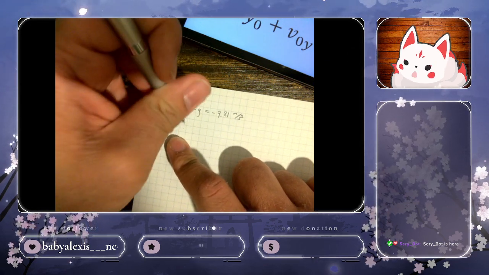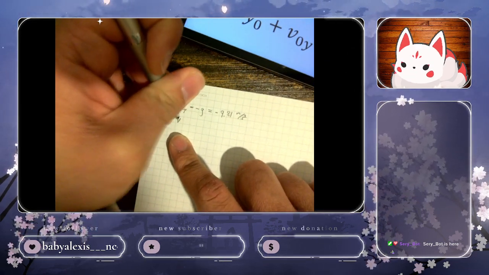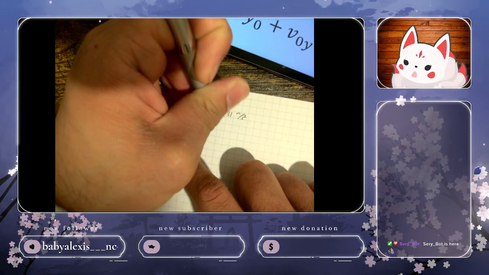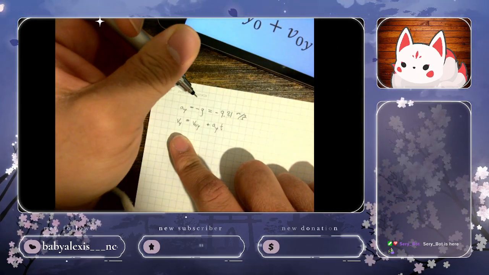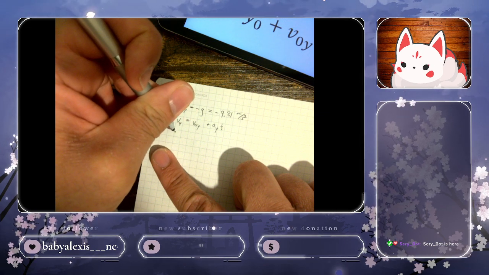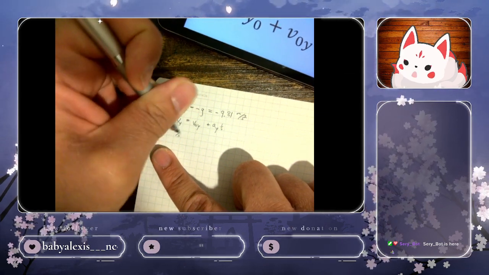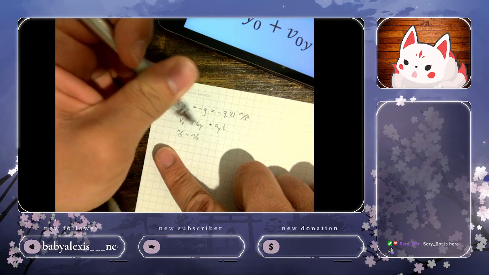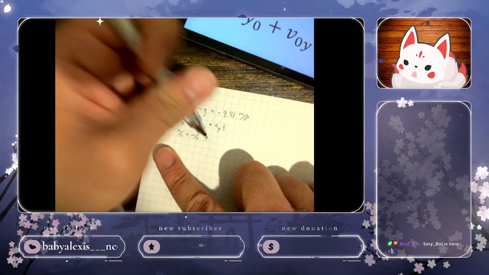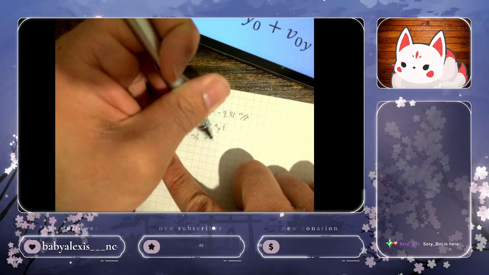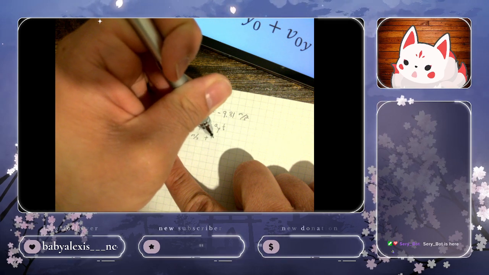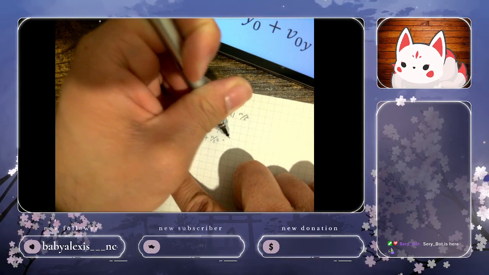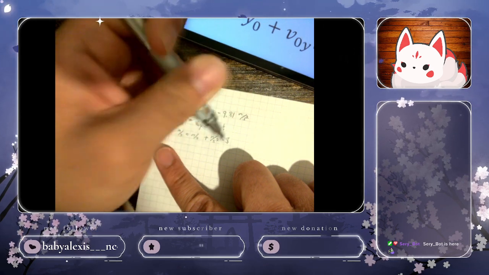So in the case of the equation v_y equals v_0y plus a_y t, we have the units meters per second equals meters per second, that's the initial velocity, plus the change, which is the acceleration, meters per second squared, times time, which is seconds. Wow, I'm an artist.